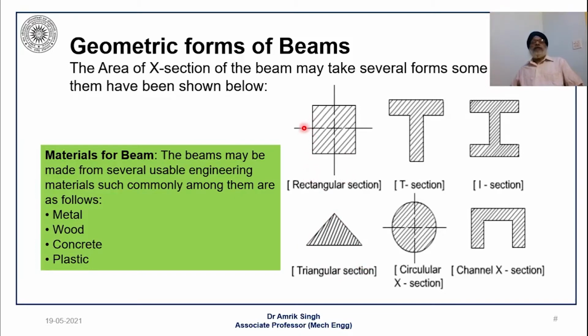So mind you, these are rolled sections. So a beam is either a rolled section or a fabricated beam in which we make the shape of this particular kind, either I or T, by welding two plates together. The material of the beams can be made up of various materials like metal, wood, concrete and plastic.